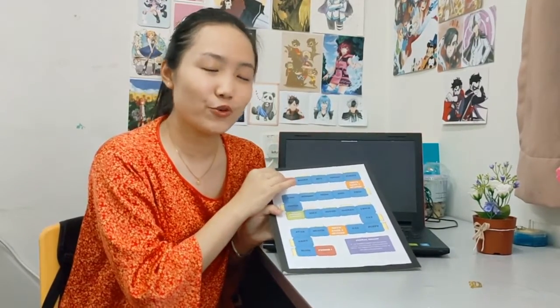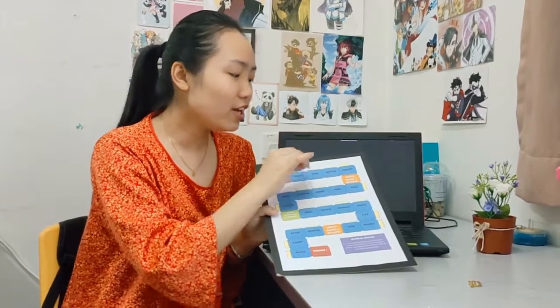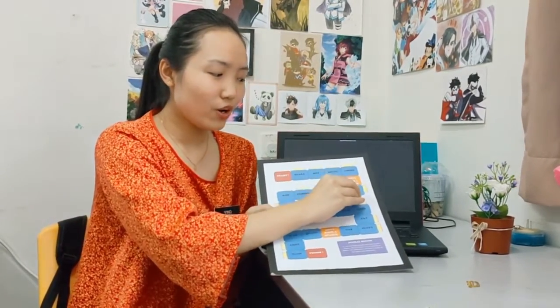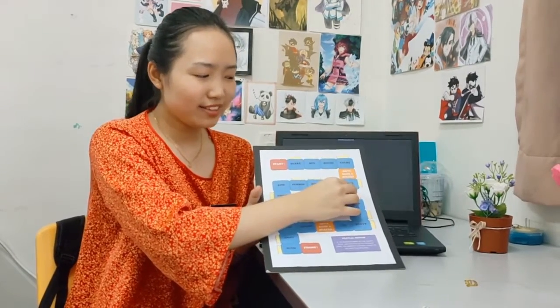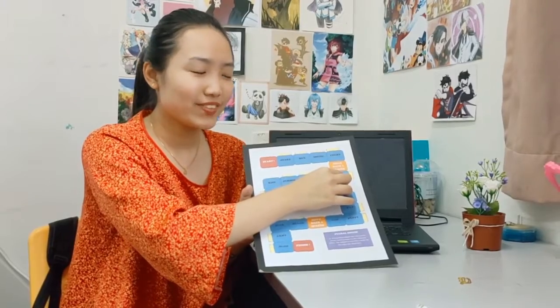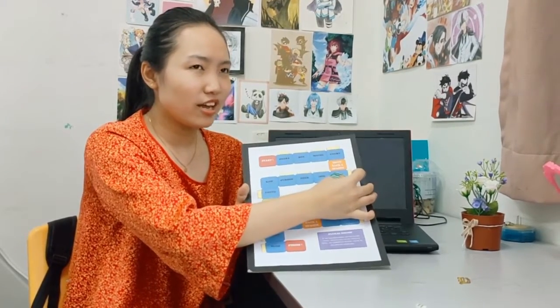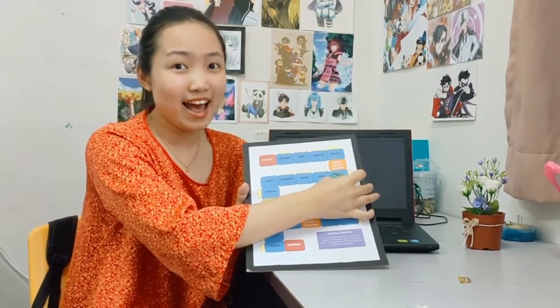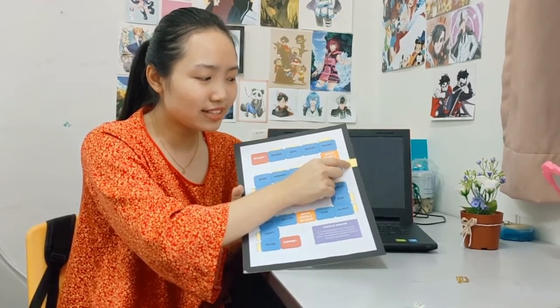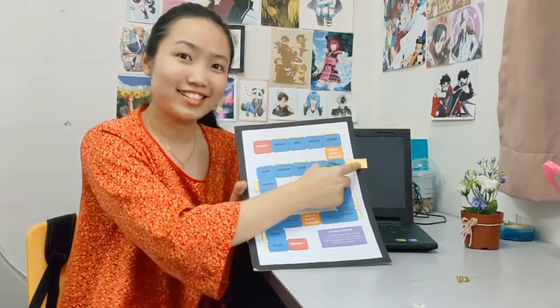Then if you roll 6, so 1, 2, 3, 4, 5, 6, you get tree. Then you need to guess what's the plural noun for tree. So let's say you say trees, adding s. So you can pull out the yellow card and let's see, is it true? Yes, it's true.